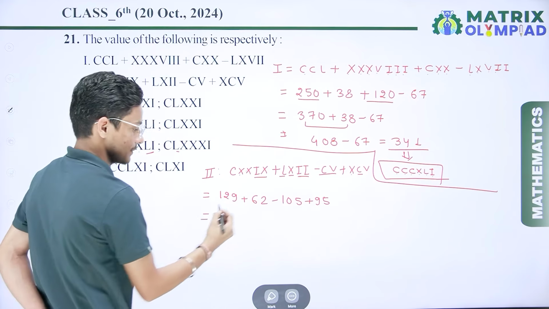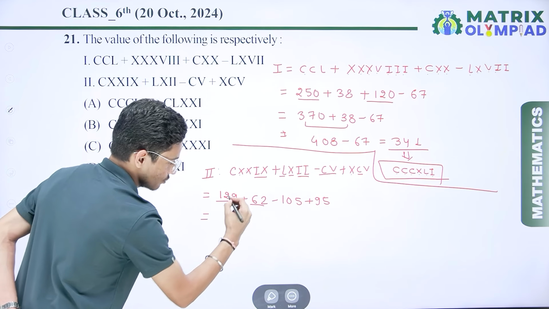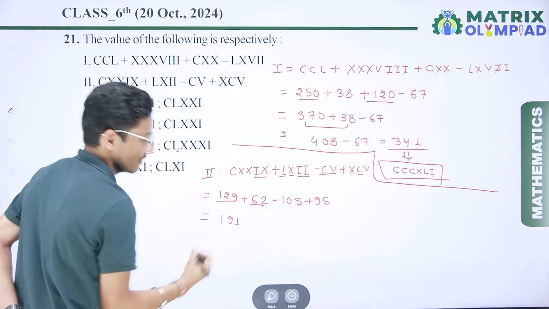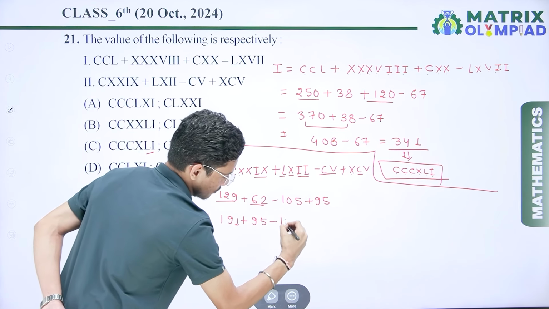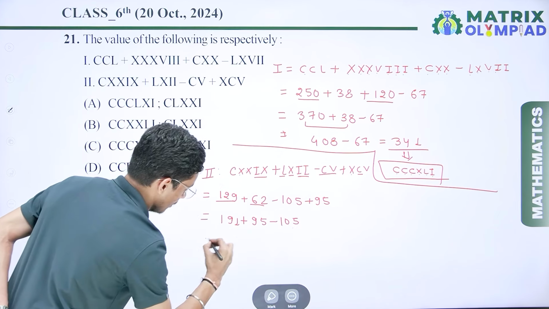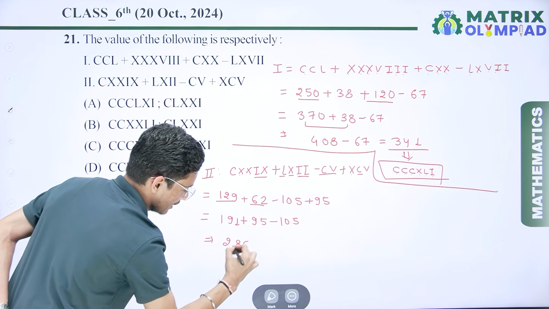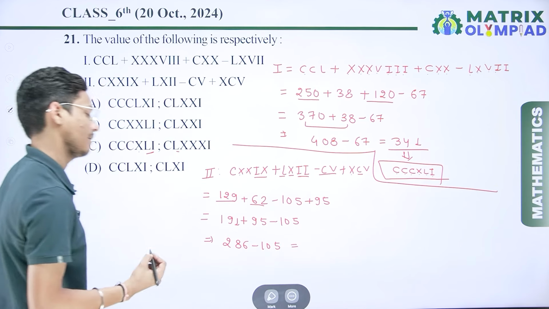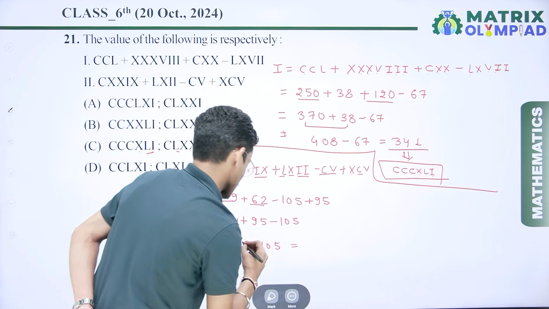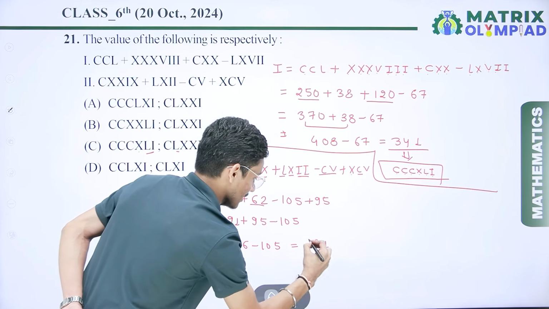So I can say that 129 plus 62, 9 and 2 is 11, carry 1, 6 and 1 is 7, 8 is 191, plus 95 minus 105. So simply 286 minus 105. So here I get the answer: 6 minus 5 is 1, and 8, so 181.